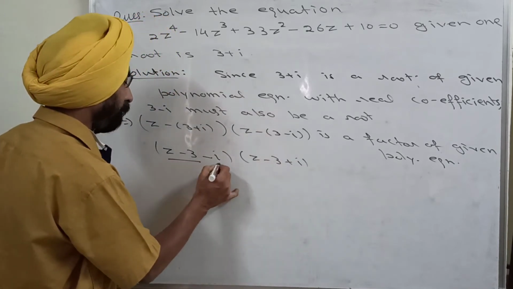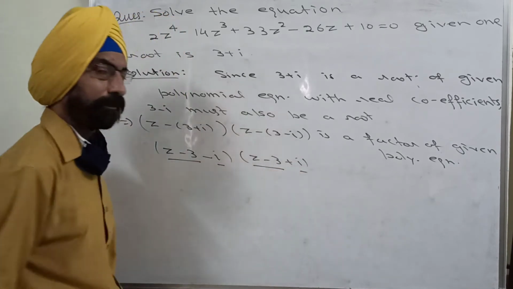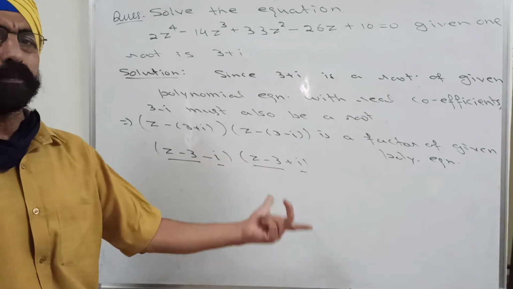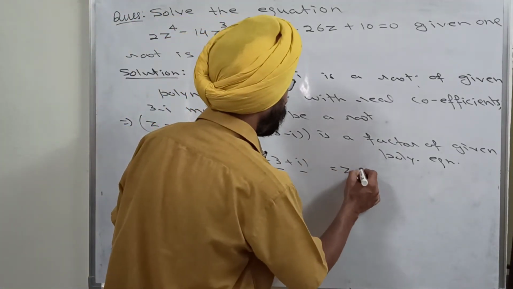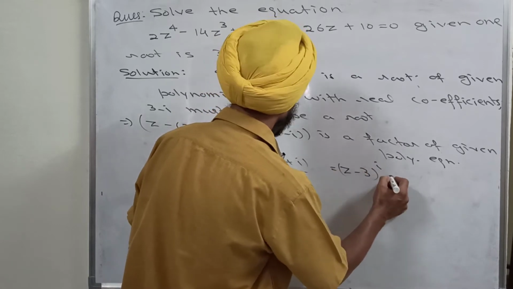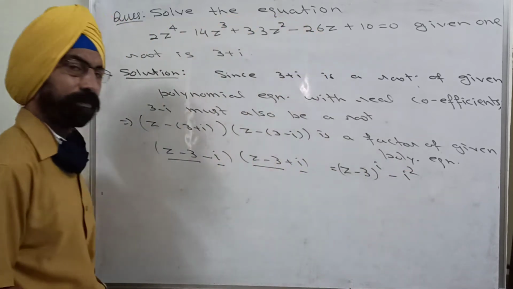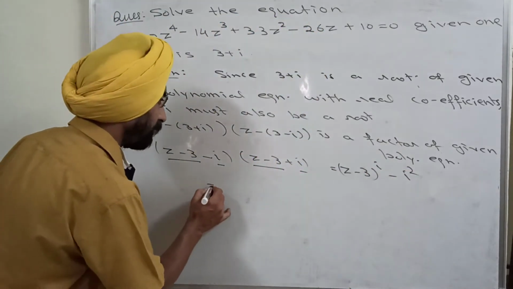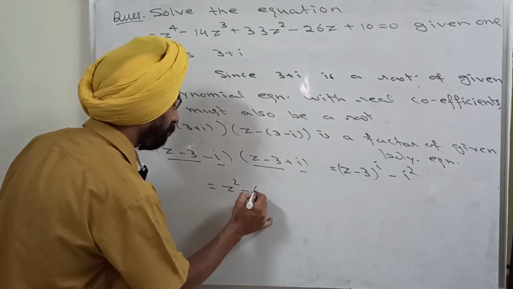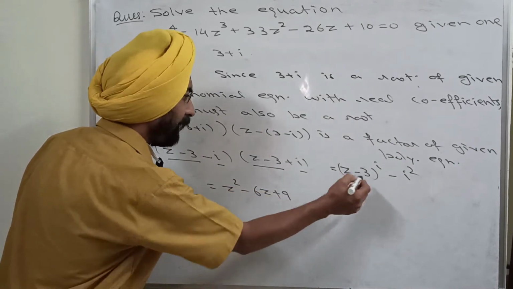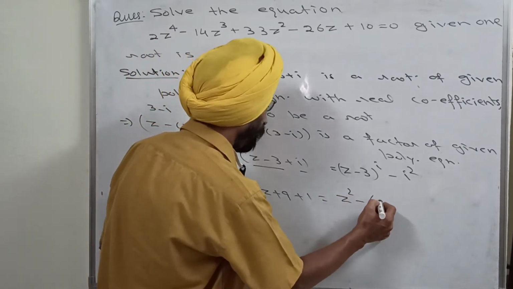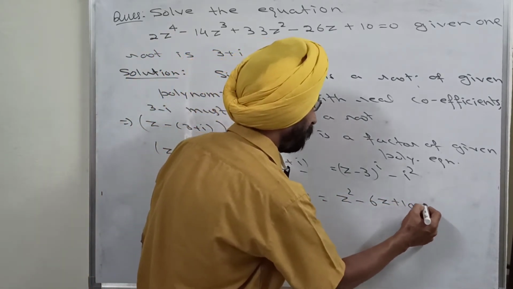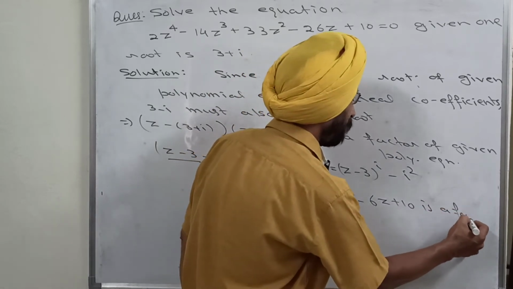So it is (a minus b) into (a plus b), which you know is a square minus b square. So it is (z minus 3) whole square minus iota square, and (z minus 3) square is z square minus 6z plus 9, and minus iota square is plus 1. So that means z square minus 6z plus 10 is a factor.